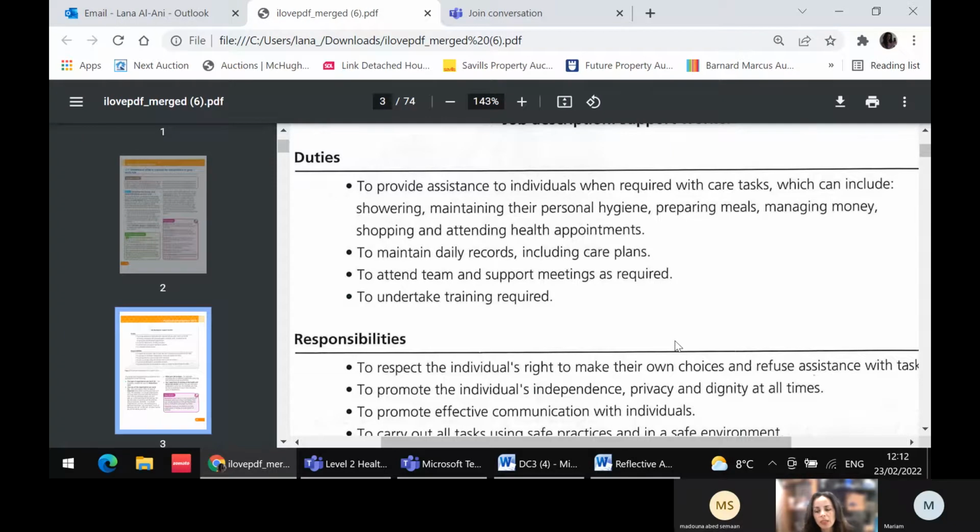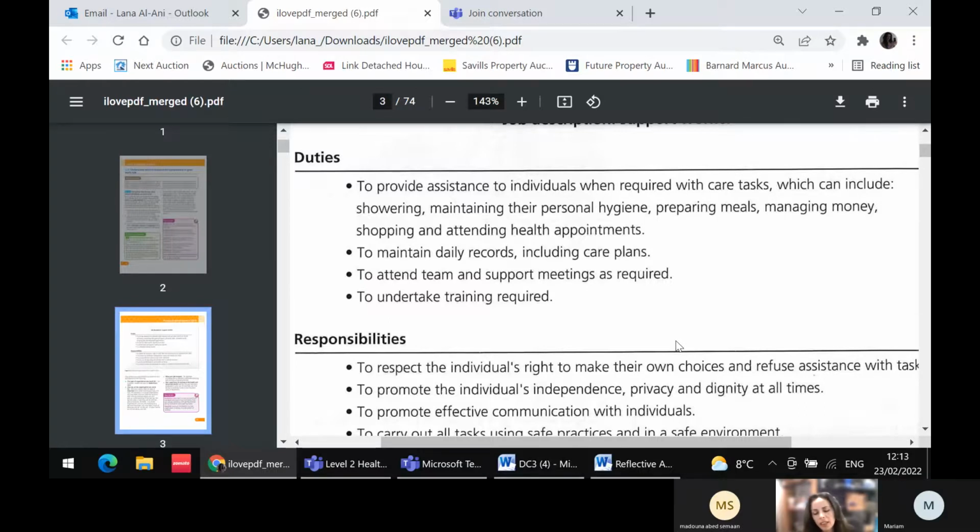I also prepare meals. I manage their money. I do some shopping, attend their health appointments with them, and also I maintain a daily record.